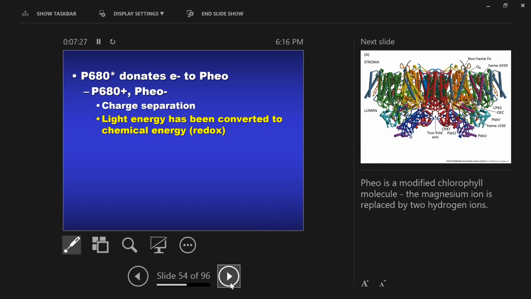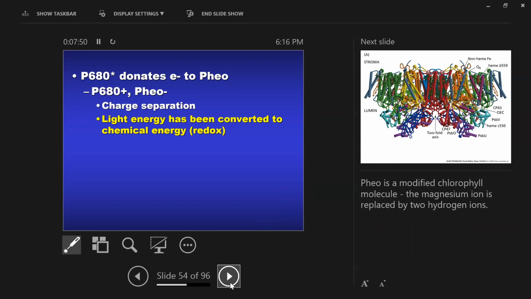That's what's being shown on this slide. That P680 asterisk means the chlorophyll electron got excited in the reaction center. P680 refers to the photosystem 2 reaction center. And then the first acceptor in photosystem 2 is pheophytin.